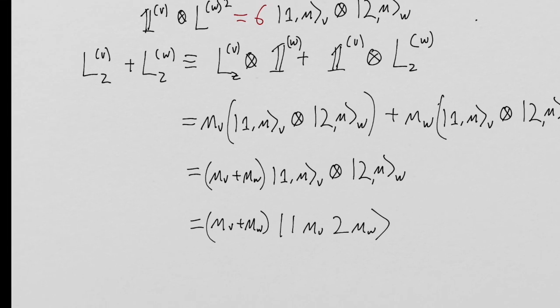So you can fully expect to see stuff in quantum mechanics books that looks like L_V acting on |1, m_V⟩ |2, m_W⟩.